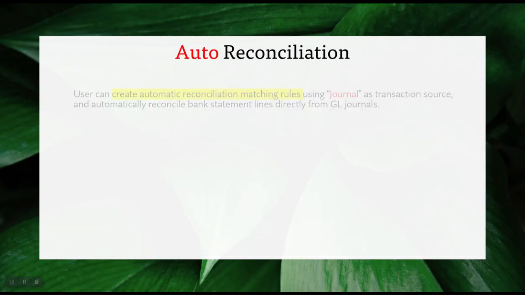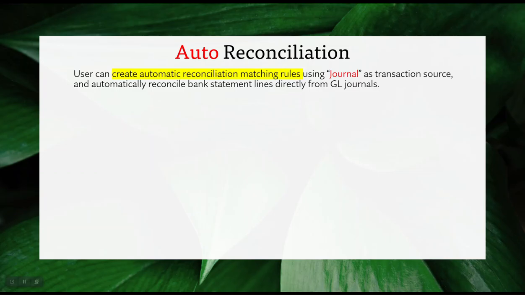For the auto reconciliation, whether you are using auto reconciliation or manual reconciliation, the user can create an automatic reconciliation matching rule. This is the second step: to create automatic matching rules using journal as a transaction source. Because as you know, there are a lot of transaction sources like payables, receivables, maybe external transactions, and payroll.